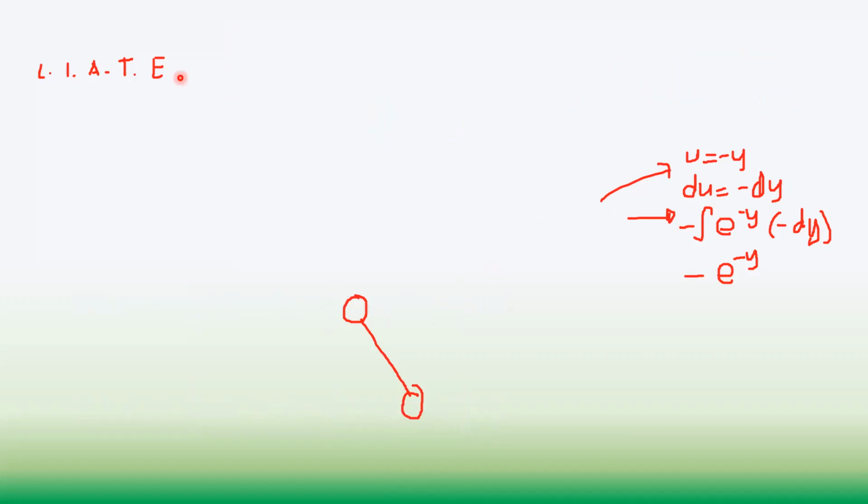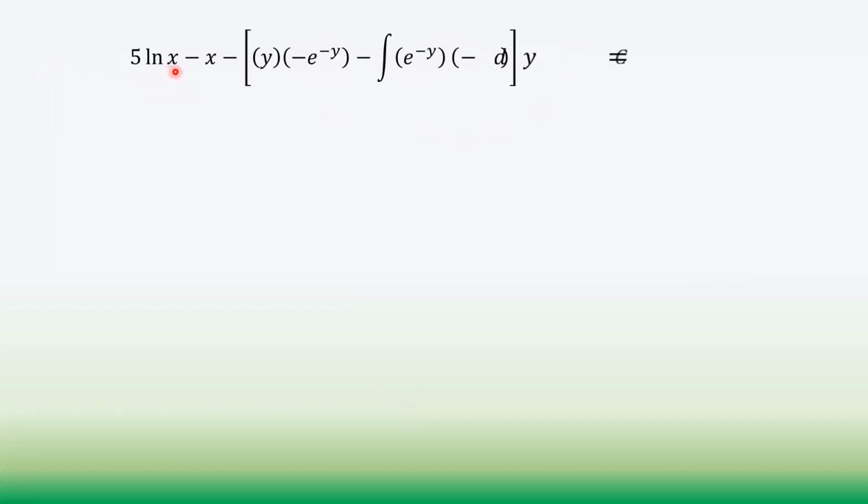I-erase muna natin lahat yan. Again, we have 5 ln x minus the quantity y times negative e raised to negative y minus integral of e raised to negative y negative dy equals c.